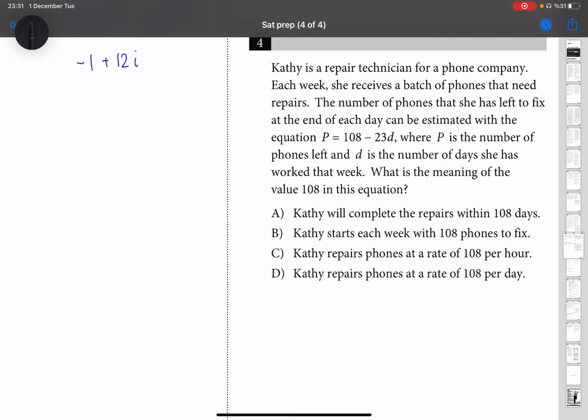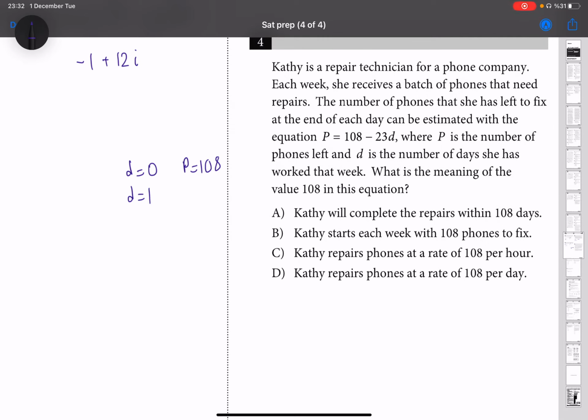Let's try to understand this equation. At day 0, we see that the total number of phones is 108. At the end of the first day, the total number of phones is 108 minus 23, so 85 phones remain.